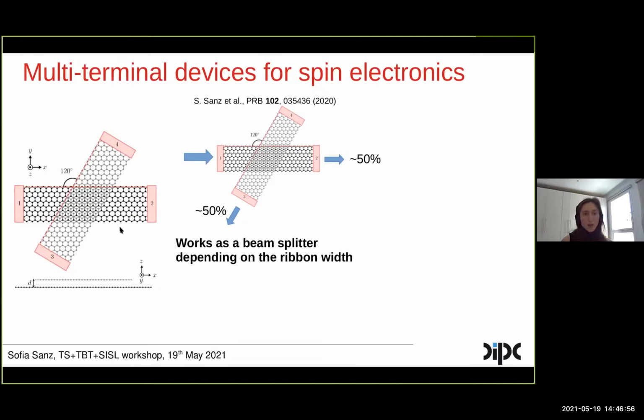Because of the symmetry of the honeycomb lattice at this rotation angle, there is a perfect matching between the bottom and top sublattices. This translates into an enhancement of the transfer process of electrons between the two ribbons, and this also translates into really nice transport properties for these 4-terminal devices.